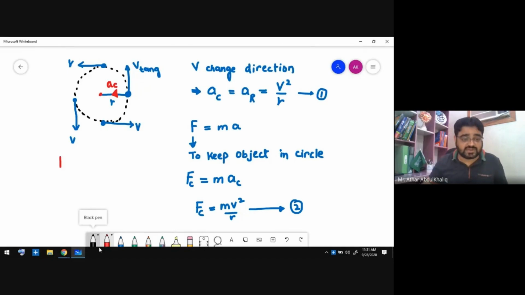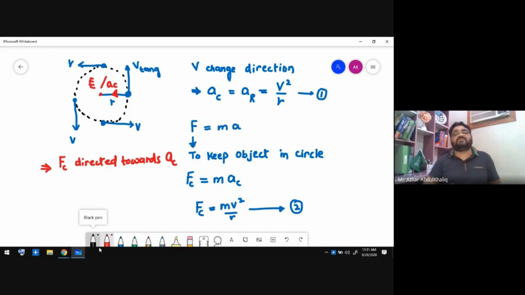It is Newton's second law that told us that force is always directed toward acceleration. So if a_c is towards the center, the force F_c, the centripetal or radial force, will also be toward the center of the circle.